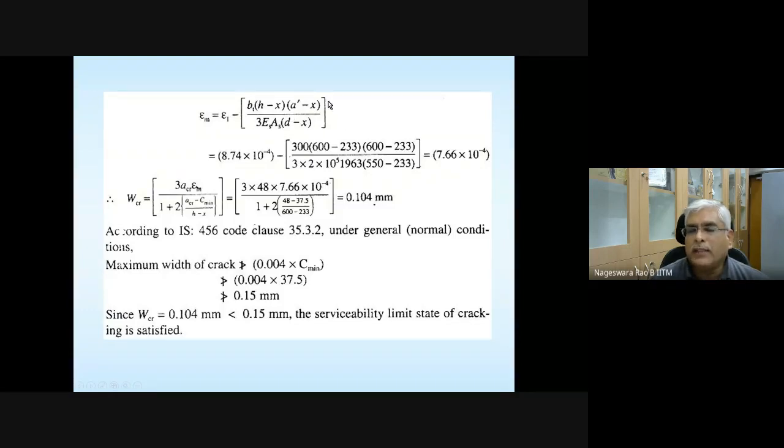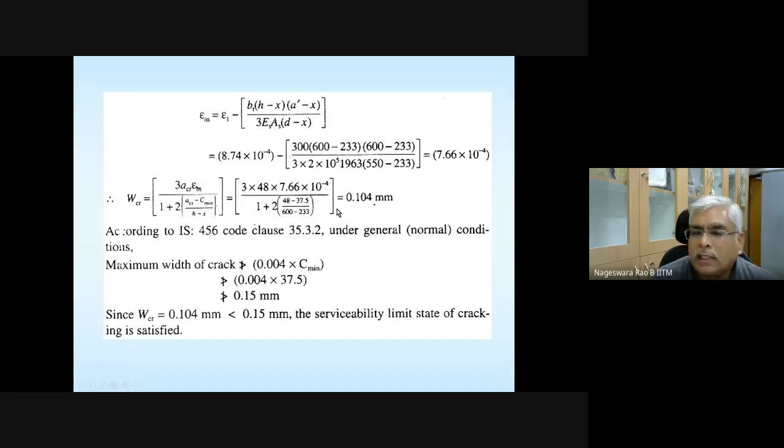This second part of the equation is nothing but your correction for tension stiffening of concrete, and you need to subtract that from whatever you calculated, epsilon 1, that is going to give you epsilon m. Please note that strain has no units here. So once you get epsilon m, you calculate crack width.